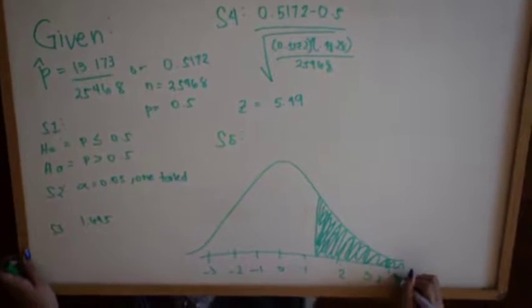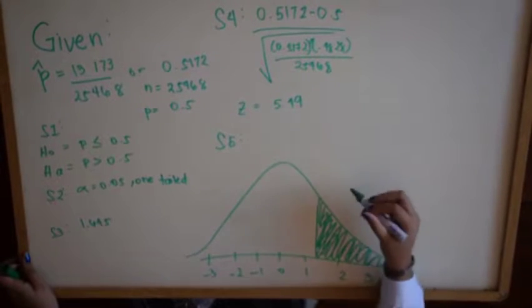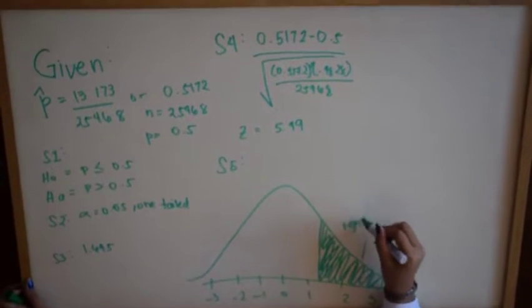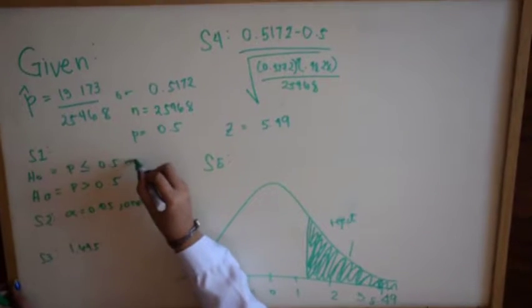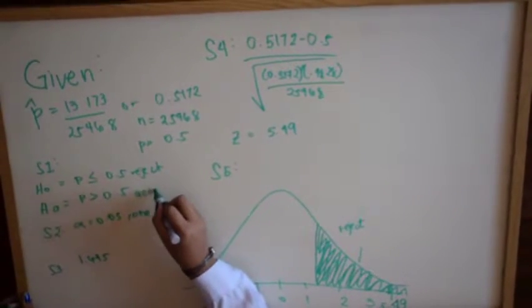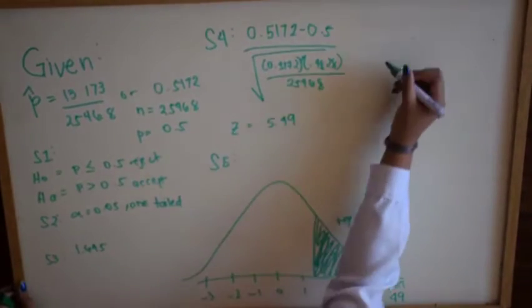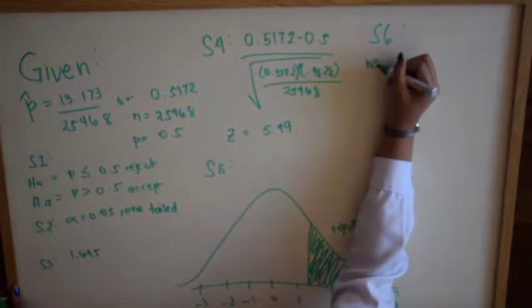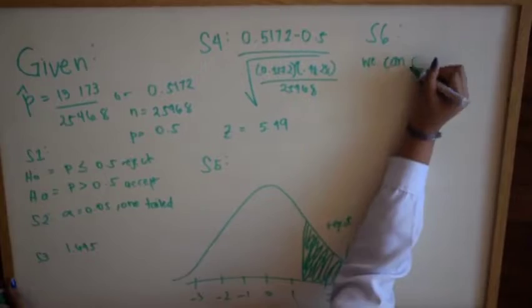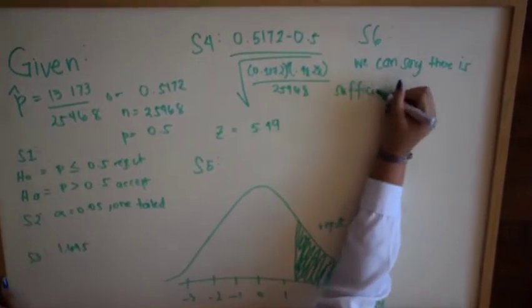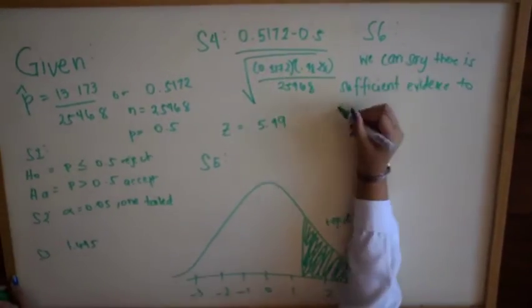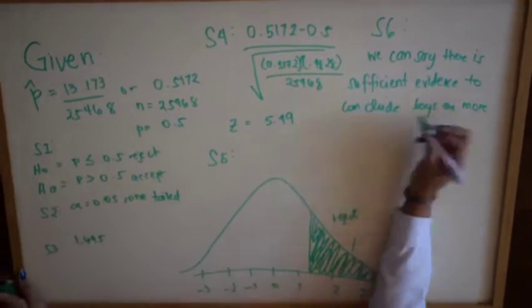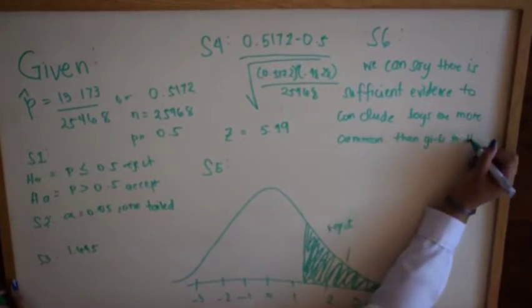And we would locate 5.49. Since 5.49 is located in the rejection area, we would reject H0 and accept our HA. For our step 6, which is our conclusion, we can say that there is sufficient evidence to conclude that boys are more common than girls in the entire population.